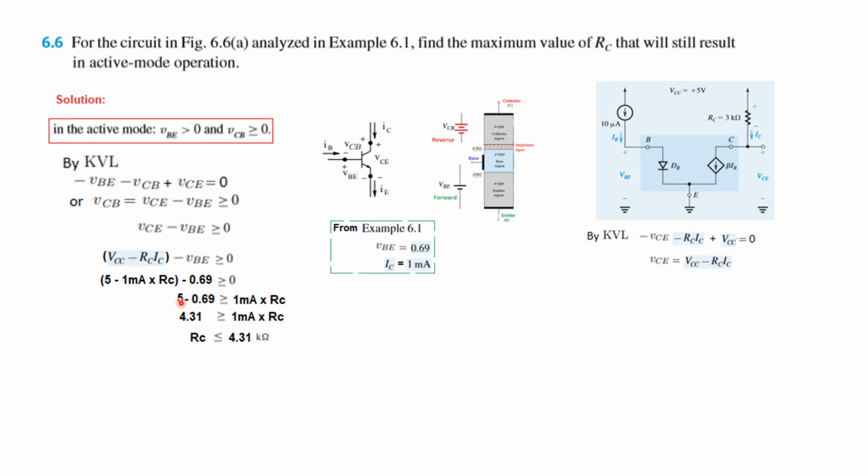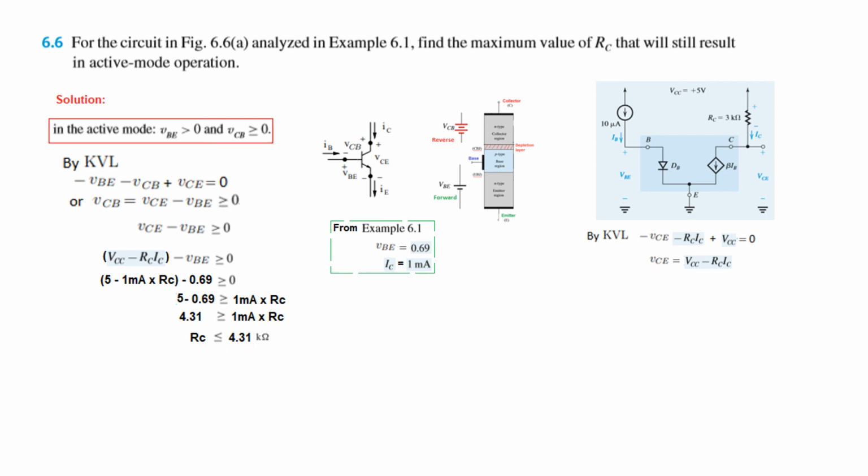So from here, solving, we find that 4.31 has to be greater than 1 milliampere times RC, or we can say that RC has to be less than, when we bring it to this side, the inequality sign changes direction, 4.31 divided by 1 milliampere. So that means it will become 4.31 kilo ohm. So this is the maximum value that we can go.